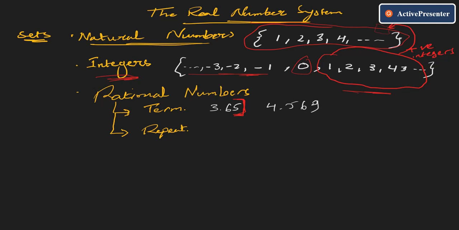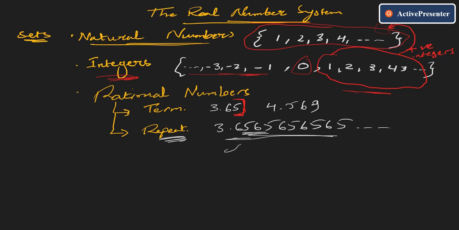If we give an example for the repeated decimal, we can say 3.656565. It is a repeated decimal. Okay? And so on. This, by the way, can be written in another form, which is 3.65 with a bar above. So, these are the rational numbers.